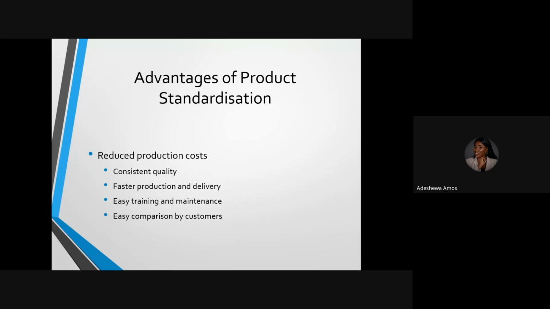We have reduced production cost. So reduced production cost in such a way that you have your machine, you know definitely that, let me use a simple example like the bakery, okay? So we know as an operation manager that if we are to produce 20,000 loaves of bread, we need let's say 30 kilograms of flour, okay, and other ingredients.